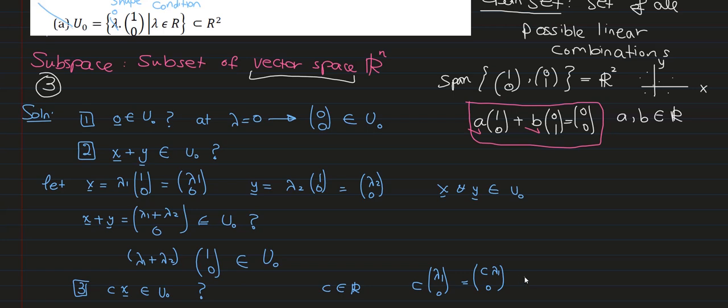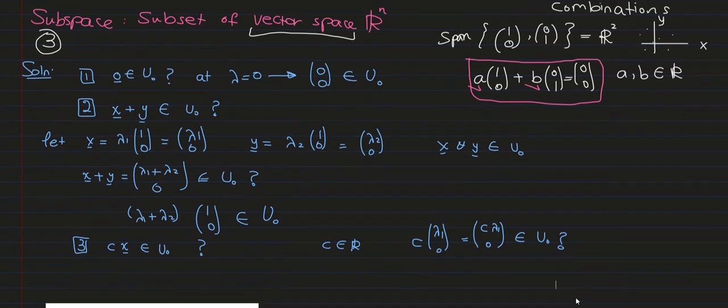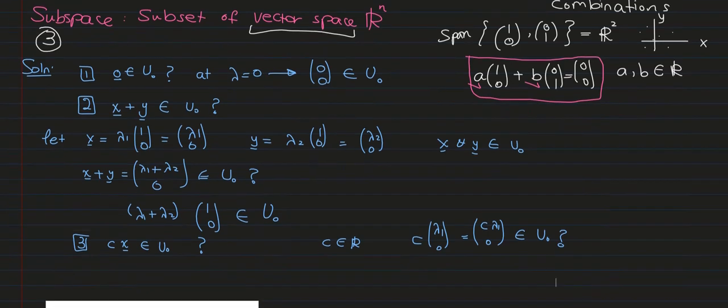Now I need to test whether the scalar multiplication does belong to U node as well or not. So it will look like the set builder notation of U node. Taking C and lambda 1 as a common factor, I will be left with 1 and 0. And this is the same shape of the vectors that was described in U node, right?